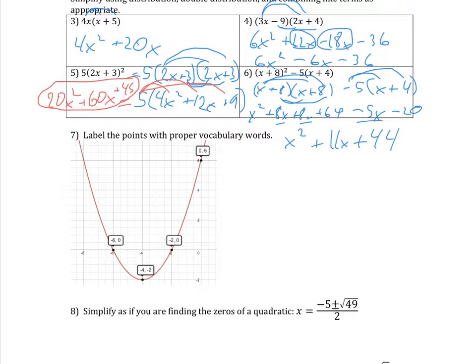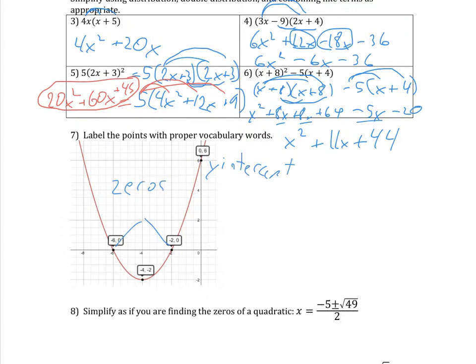Let's see. Number 7, I just wanted you to practice vocabulary again. We have a parabola, and this guy up here is the y-intercept because that's the y-axis that it's crossing. We normally say the y-intercept is 6, or y equals 6. We have these 2 points. There's a lot of names for those.